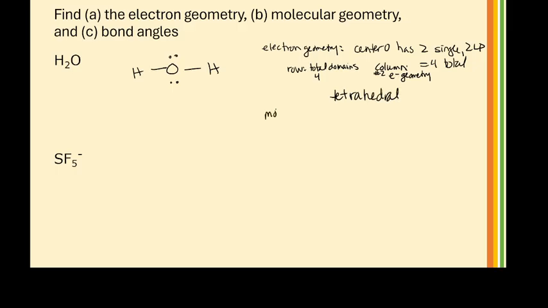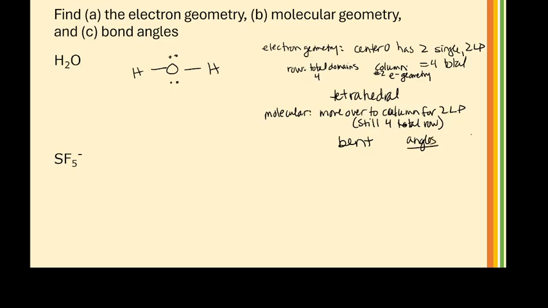However, for my molecular geometry, move over to the column for 2 lone pairs. It's still the 4 total row. And that tells me that this is bent. And my angles, I look in the original box with 4 total, and it's 109.5 degrees.